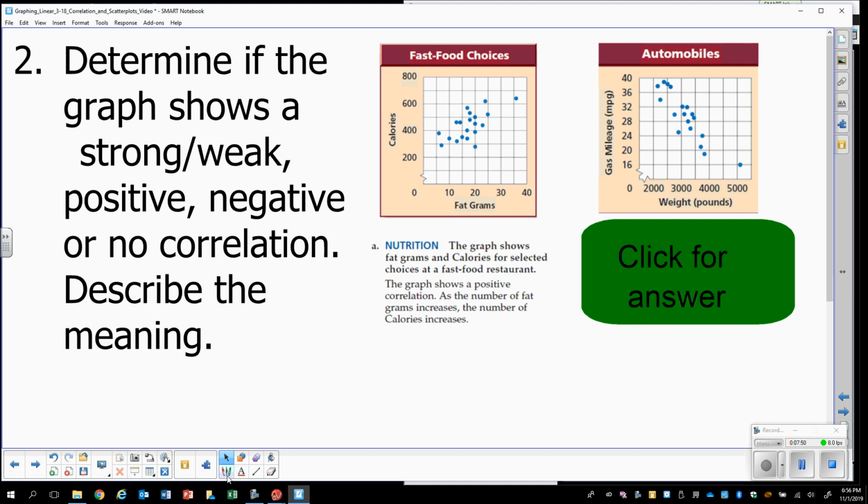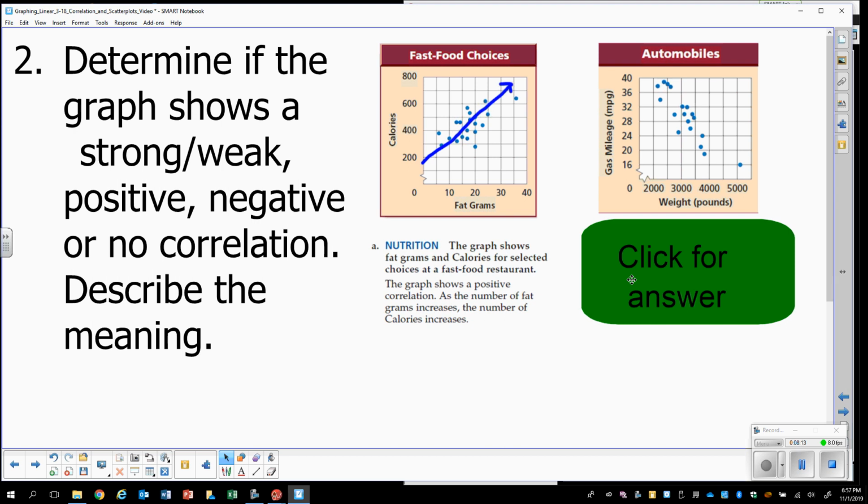Again, if I draw my line of best fit here, my points, they're close, so I won't say that it's weak, but they could be closer, so I can't say that it's necessarily strong. But what we can say is that as the number of fat grams increases, the number of calories increases. So we have a correlation here.